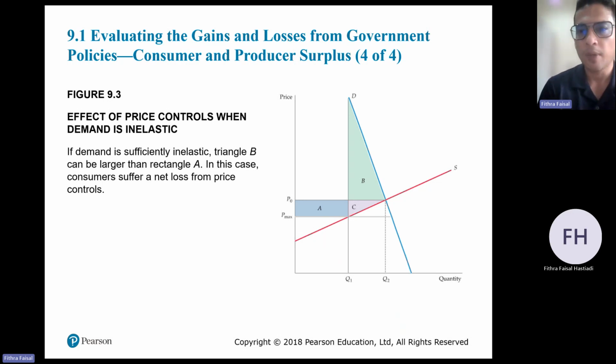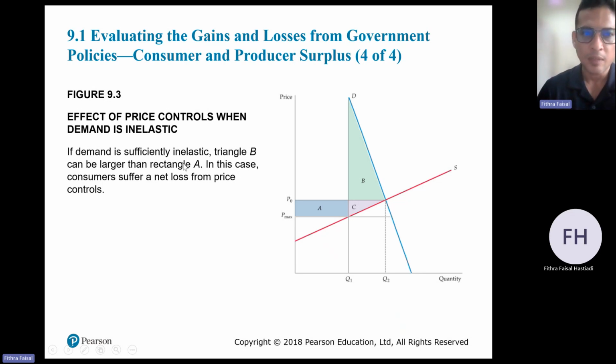And if the elasticity of the demand here is inelastic, meaning that it's not price sensitive, the demand should still be there, given the dynamics in price. If the demand is sufficiently inelastic over here, you can see the demand is still downward sloping, but it's quite steep if you compare it with the one that we had earlier.